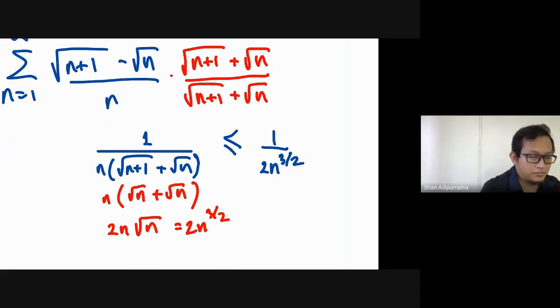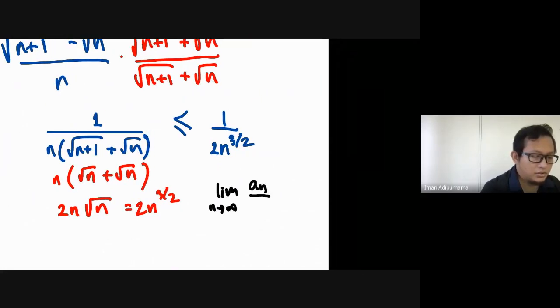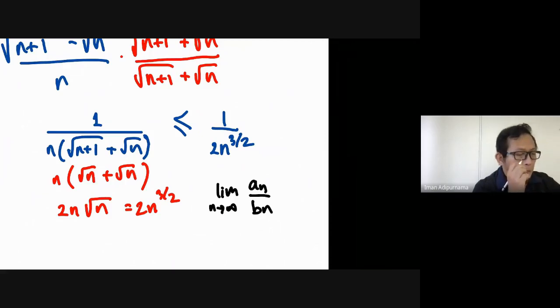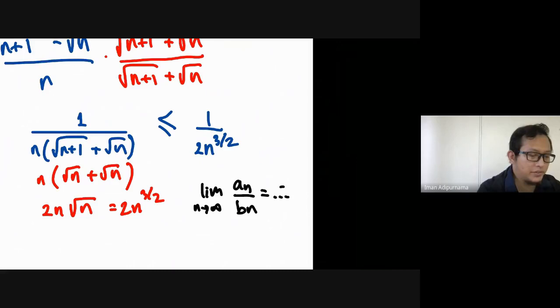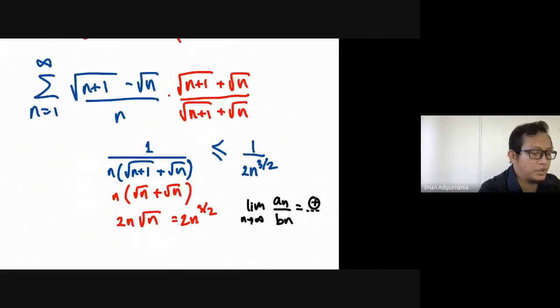You can use this limit, and this should have a positive value, and it depends on b. If b is diverged, then a is diverged. If b is converged, a is converged. But we can also just use the direct comparison test.